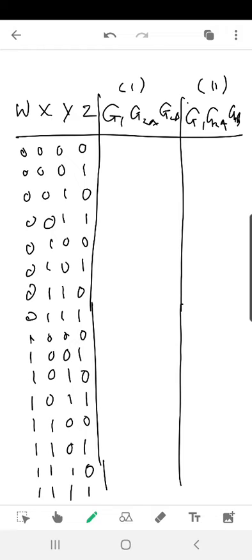Now when we talk about G1, G2A and G2B: the G1 of decoder number 1 was connected to positive. That means it will remain 1 in each and every case.